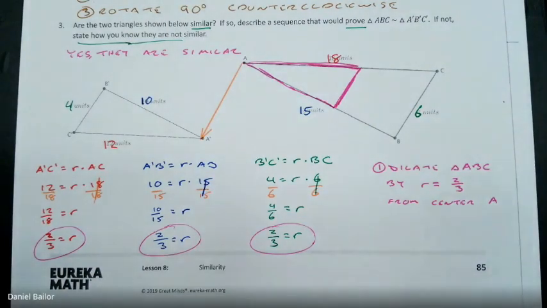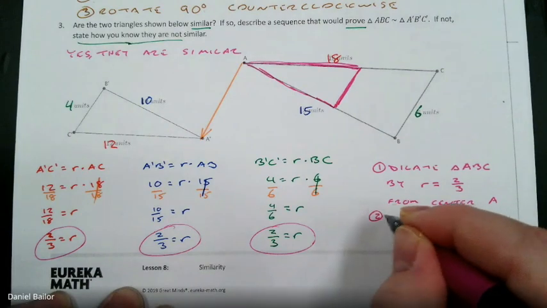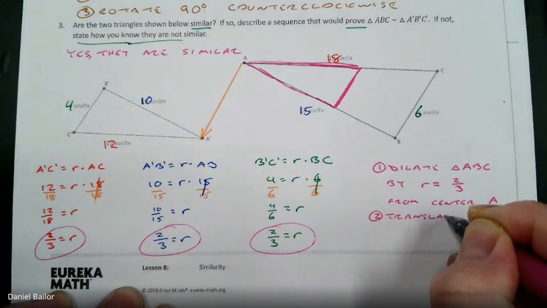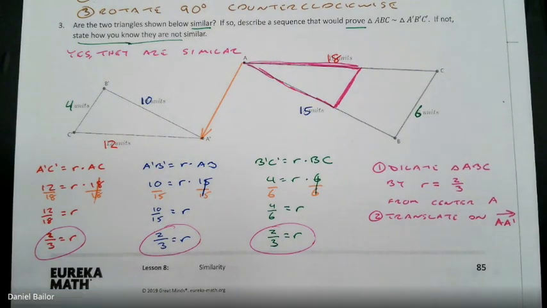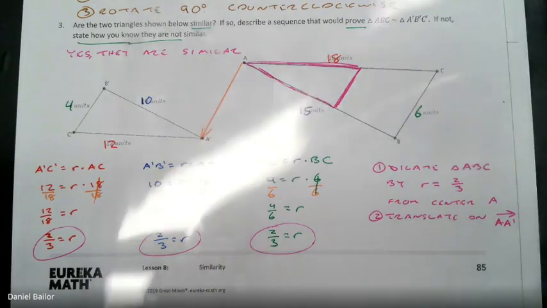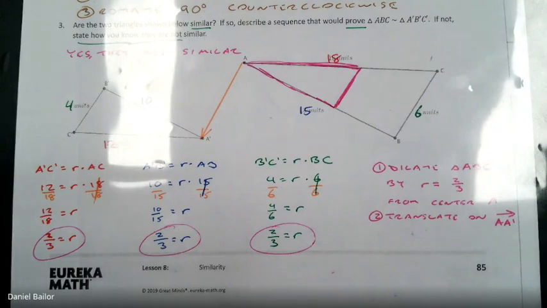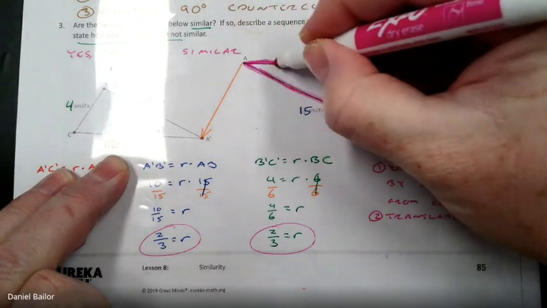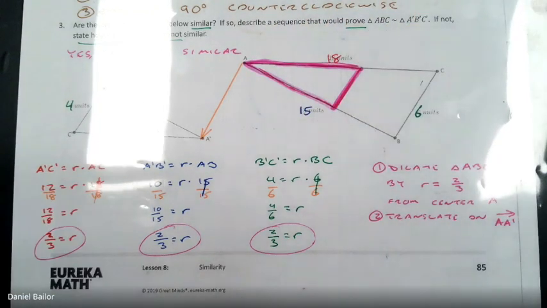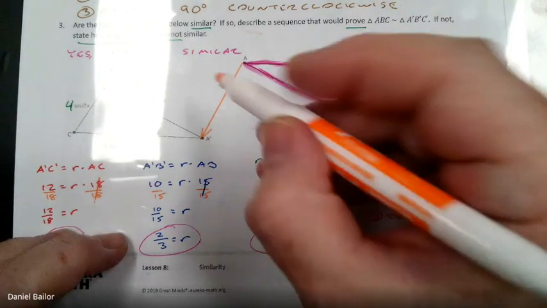So step 2, translate on vector A prime. Now, after I do that, let me get my transparency so you can see. I take this triangle after I made it shrink, and I dilated it to make it shrink.